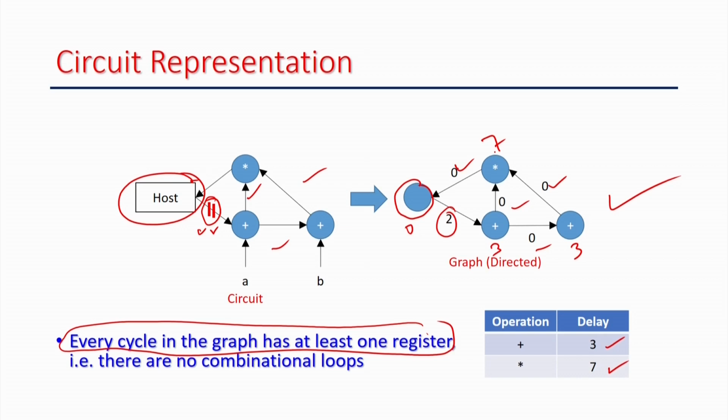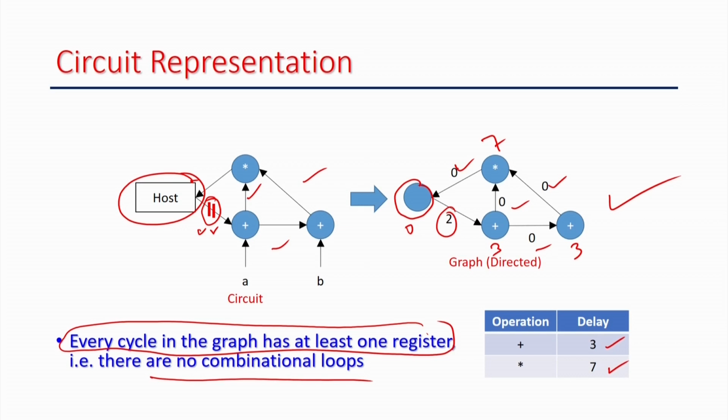That would mean there is no register in that loop, and a combinational cycle is not allowed in a digital circuit, because the behavior will become inconsistent. So there is no combinational loop in the circuit. You can assume that this is a specification or requirement for a digital circuit.